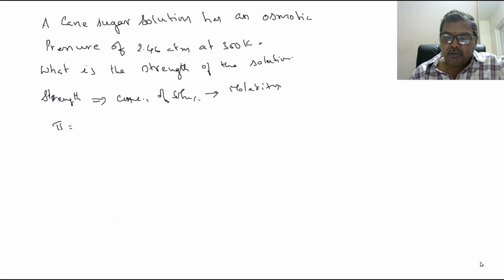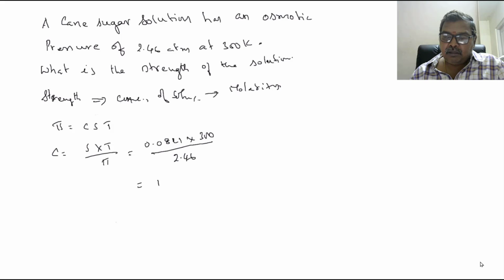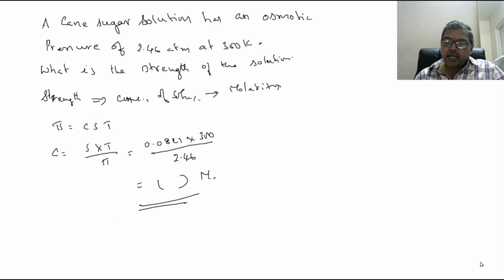So pi equals CST, so C equals pi by S into T. S is 0.0821 liter atmosphere per mole per Kelvin, T is 300 temperature, pi is 2.46 atmospheres. Then you can calculate the concentration of the solution in terms of molarity, moles per liter.